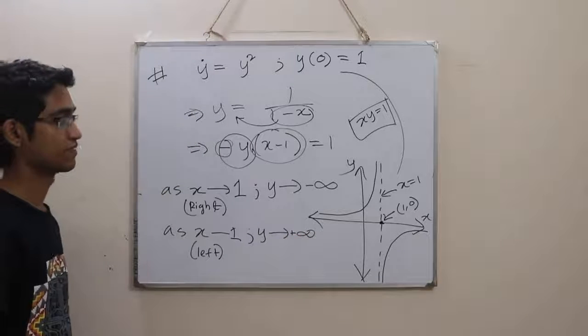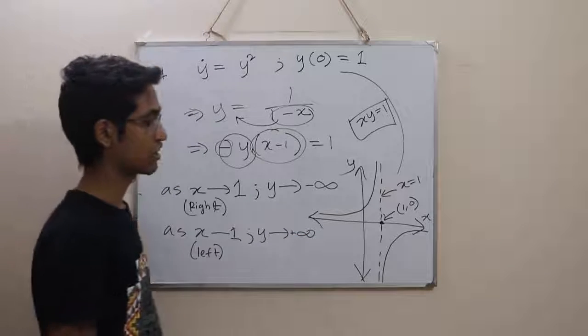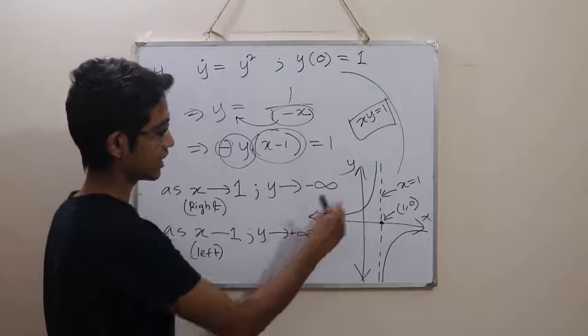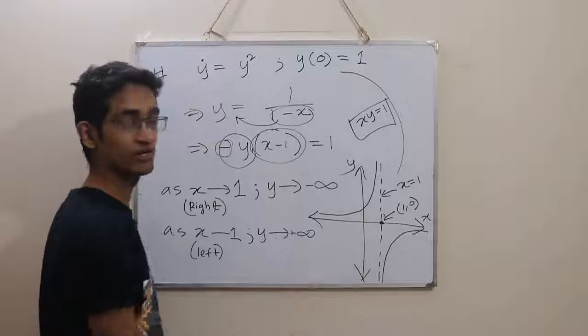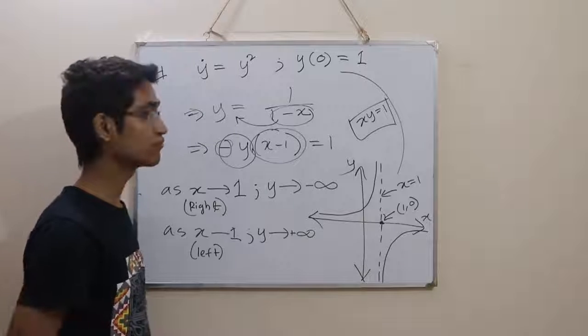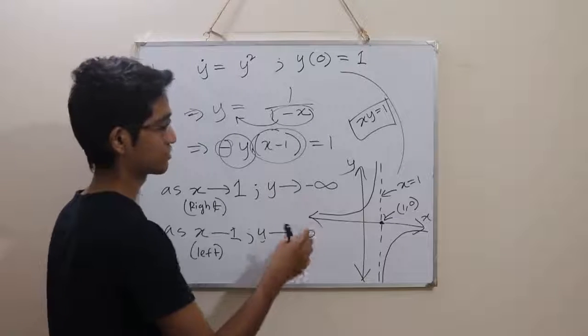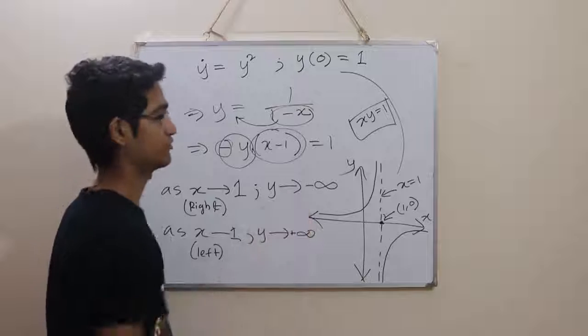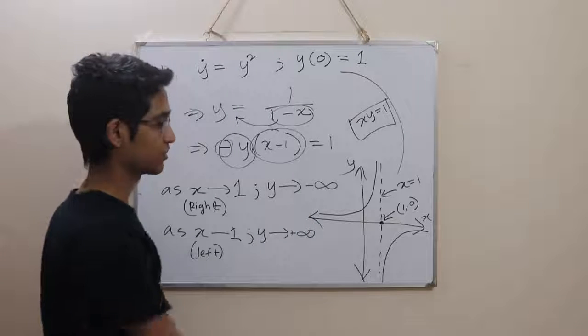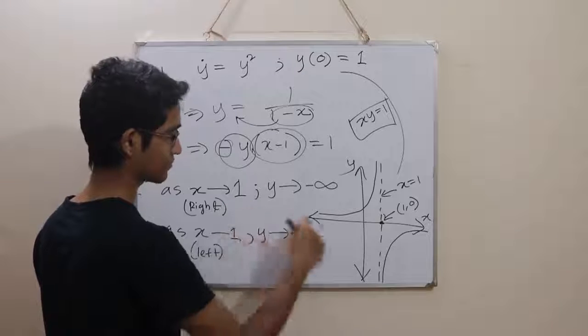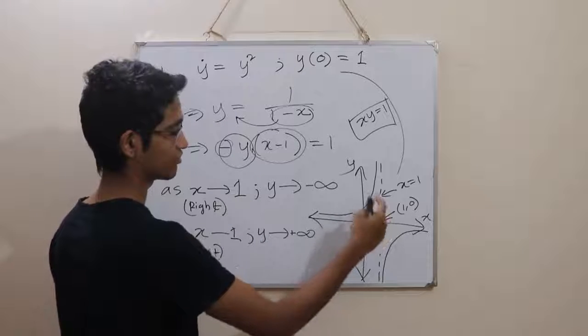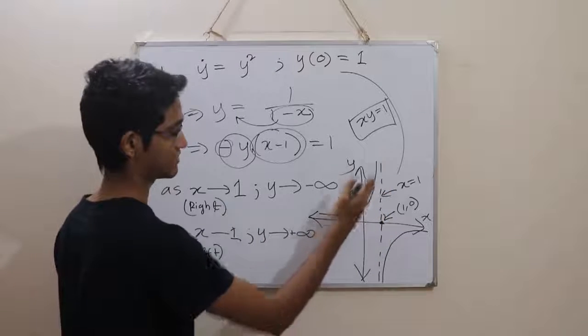So there is no way for us to get away from this curve and go to this curve in a continuous manner. If we want to follow the graph of this equation from negative infinity to positive infinity, we cannot do it, because let's say we are coming from negative infinity, we come towards 1, and we can never get to 1 because this is asymptotic to 1.